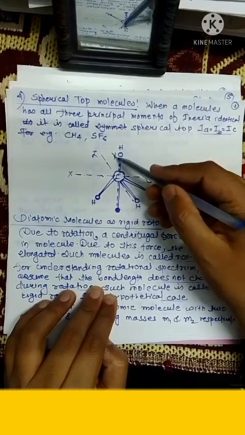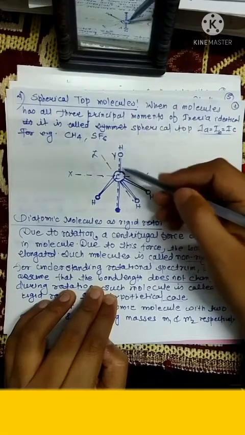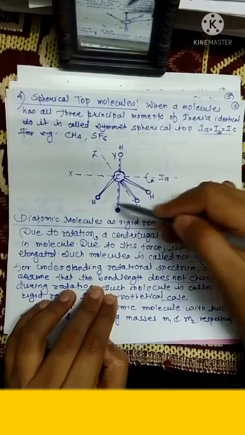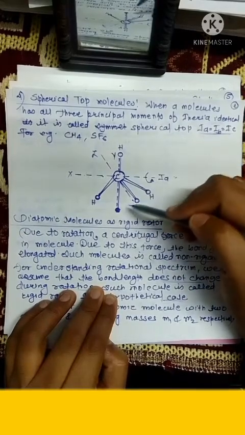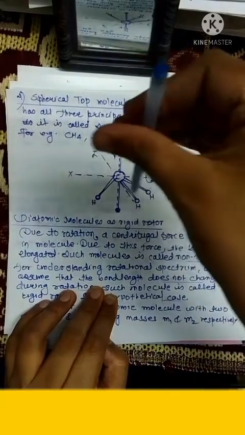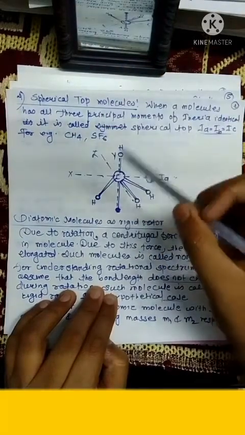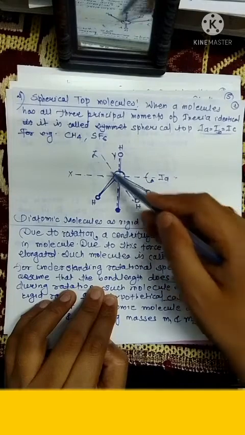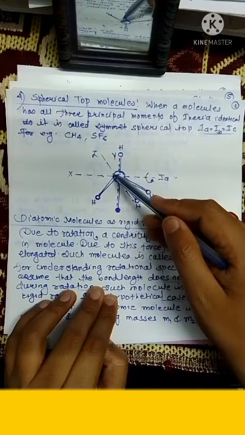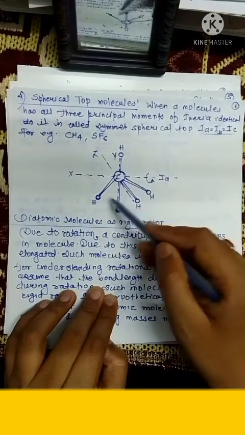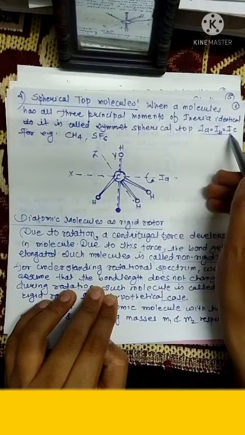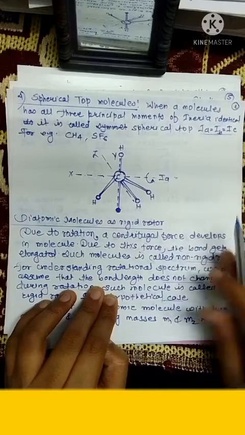What happens when we rotate this molecule along y-axis? Just the position of this hydrogen interchanges. It is just like this. And what happens when we rotate this molecule along z-axis? Position of hydrogen just interchanges. So Ia is equal to Ib is equal to Ic.